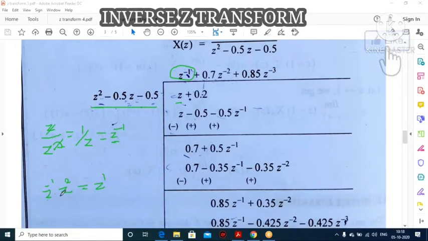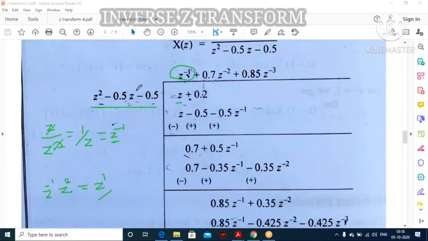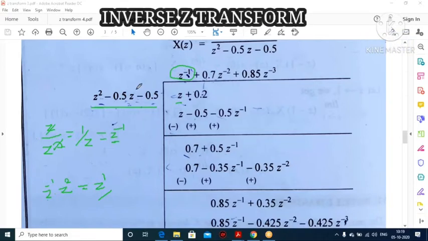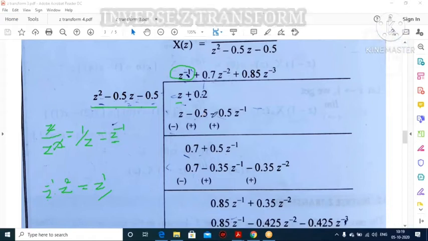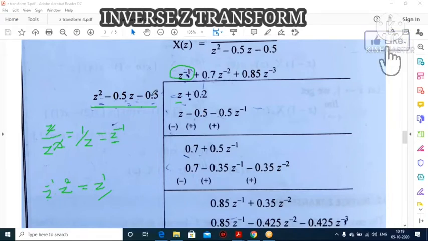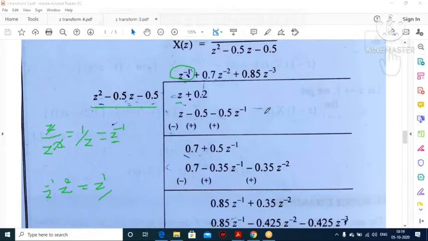So the answer became z power 1. So I put here z power 1 minus, so z inverse into 0.5 z. So minus 0.5. So any z power minus 1 plus 1, so minus 1 plus 1 it became 0. Anything power 0 is 1. So I take it as minus 0.5. Next minus z inverse into 0.5, 0.5 into z inverse. Okay, this is the first term.